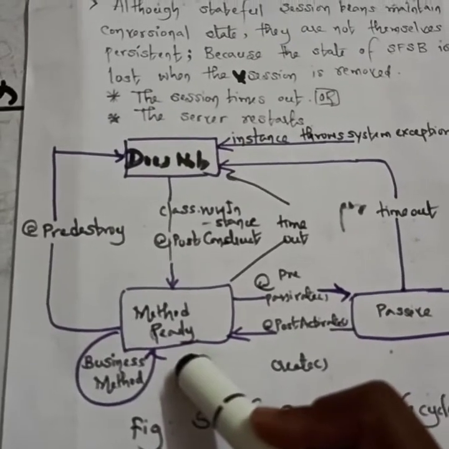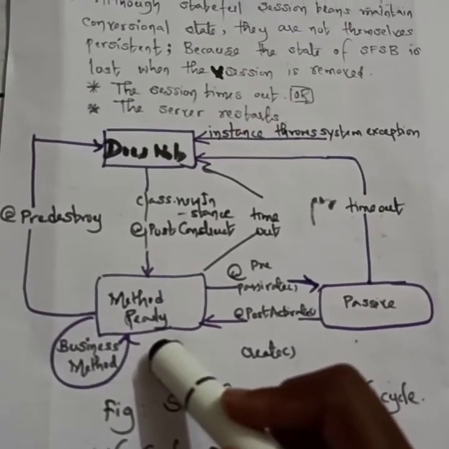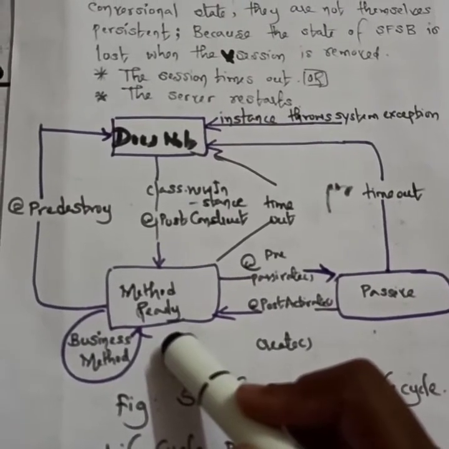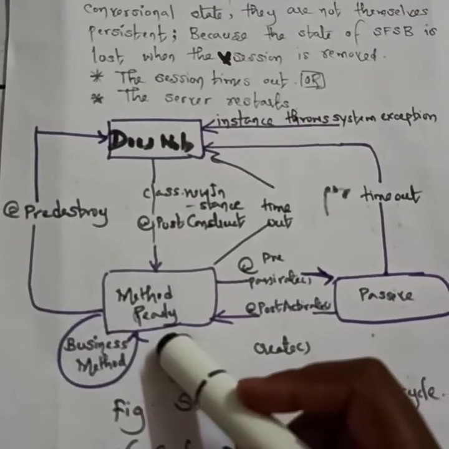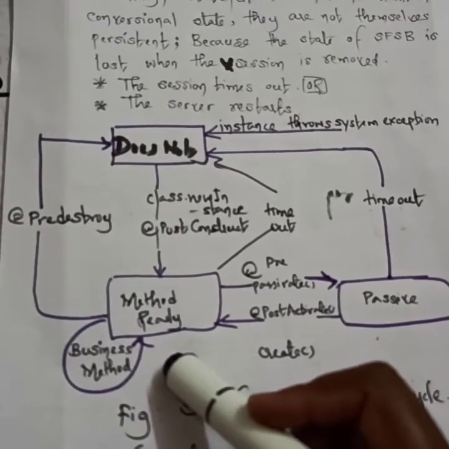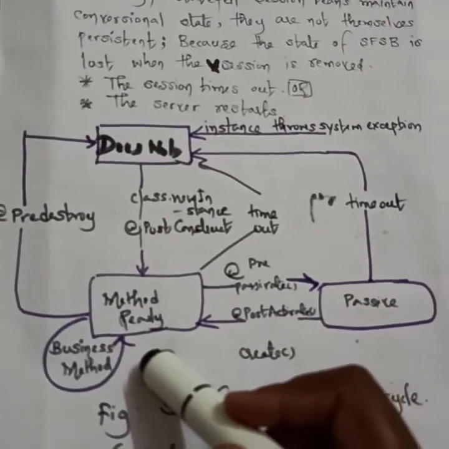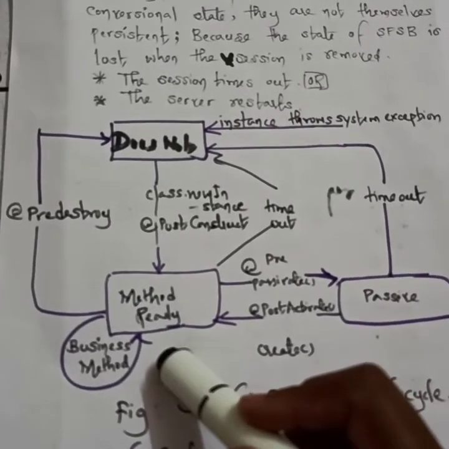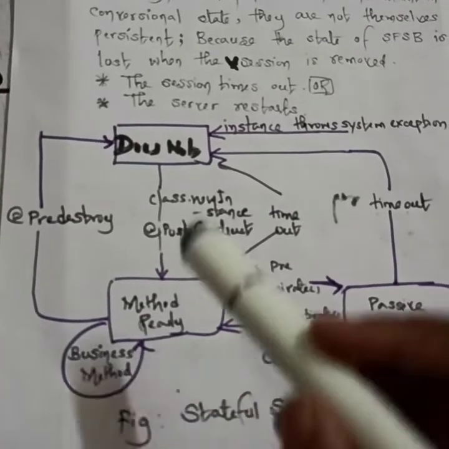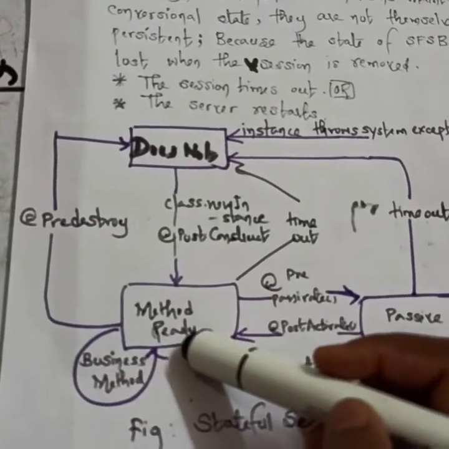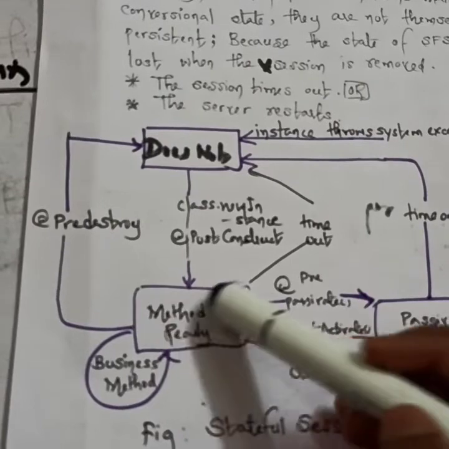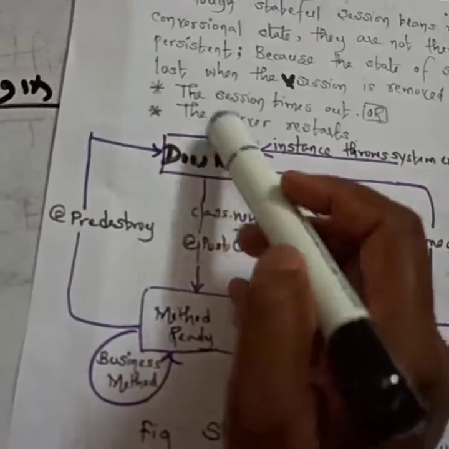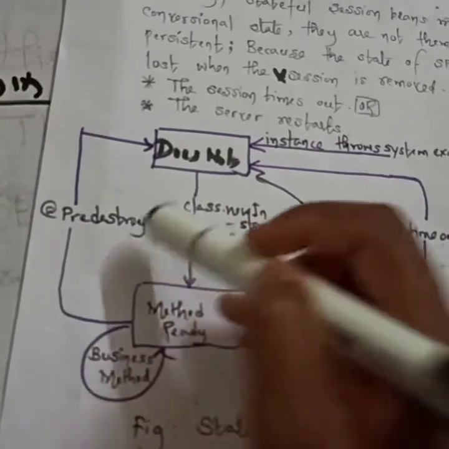When you take a reservation system, that is reservation of buses, trains, aeroplanes, or hotels, the business methods will be book seat, book room. When there are no invocations on the stateful session bean, it again enters the does not exist state by calling a method called PreDestroy.